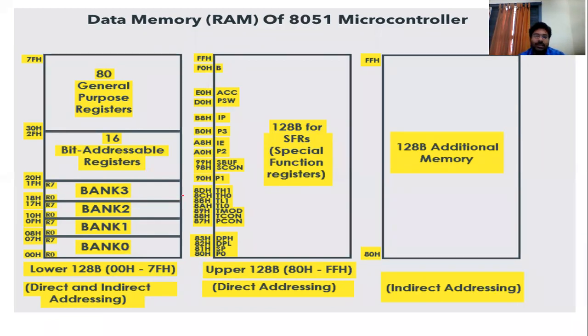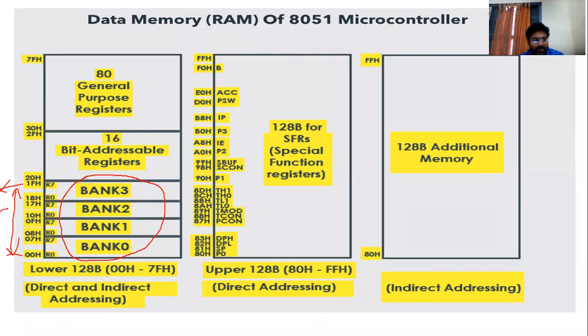By accessing these registers, you form the register banks. You have 4 register banks: bank 0, bank 1, bank 2, and bank 3. What is the address series? 00 to 1F. This is the address of those registers.